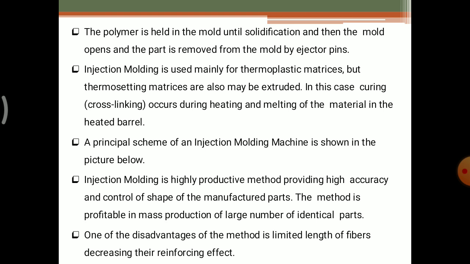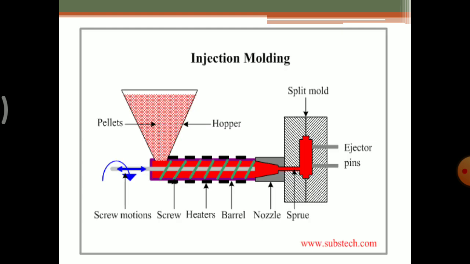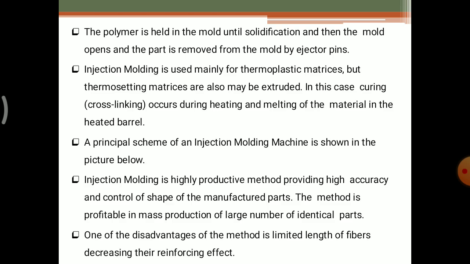So we have already seen in the last picture that two ejector pins are there in the split mold. We can see it in the right side mold. So when the ejector pins are pushed out, the mold is split into two pieces, and the mold cavity is separated from the die, and the part is removed from the mold by ejector pins.